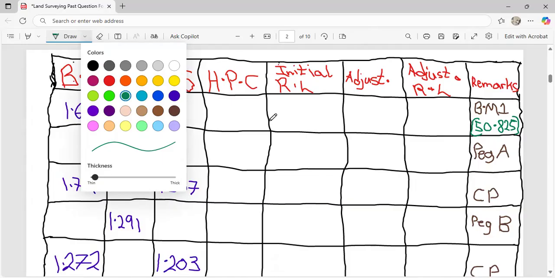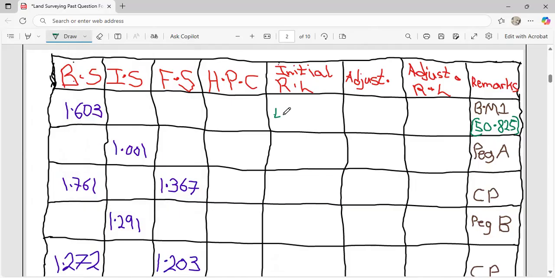So we only have to come and write it in here.